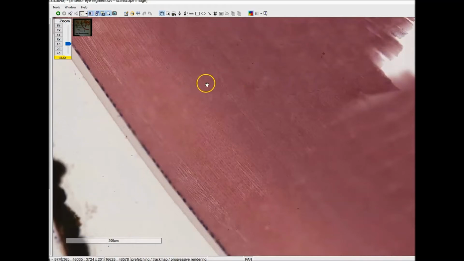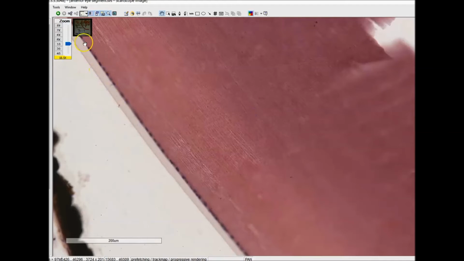And they are void of all organelles, and that is one of the characteristics that promotes the transparency of the lens. There is only a thin epithelial layer at the anterior side, and the whole lens is enveloped by a very thick basement membrane, the lens capsule.